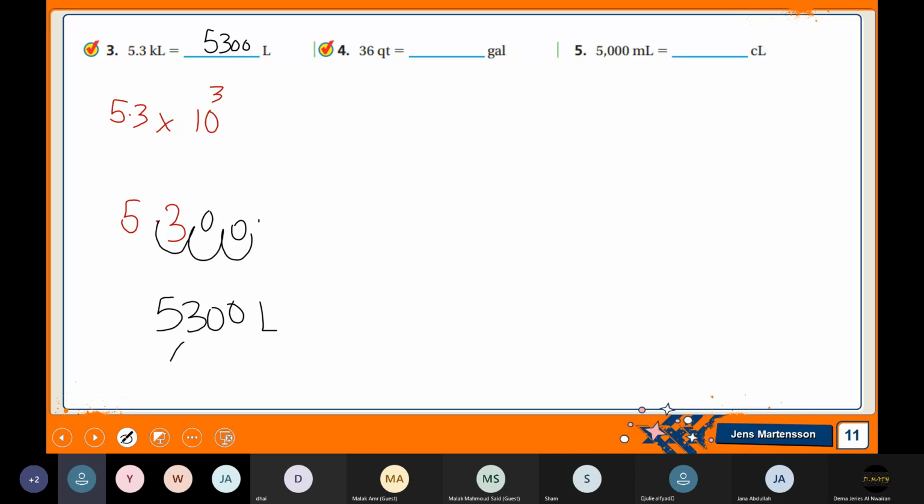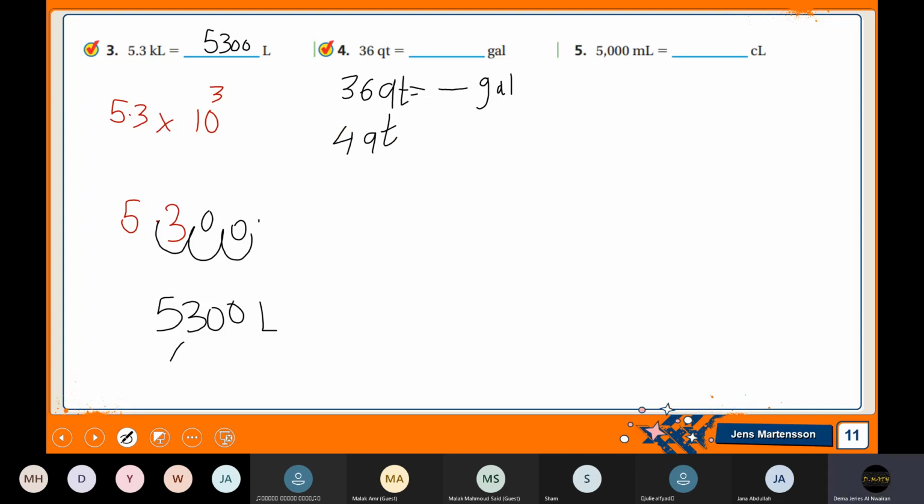Yes, teacher. Yes, Sarah. 36 quarts. You want to find it in gallons. 1 gallon. Just a minute, please. If you know that each 4 quarts equals 1 gallon, what will you do?